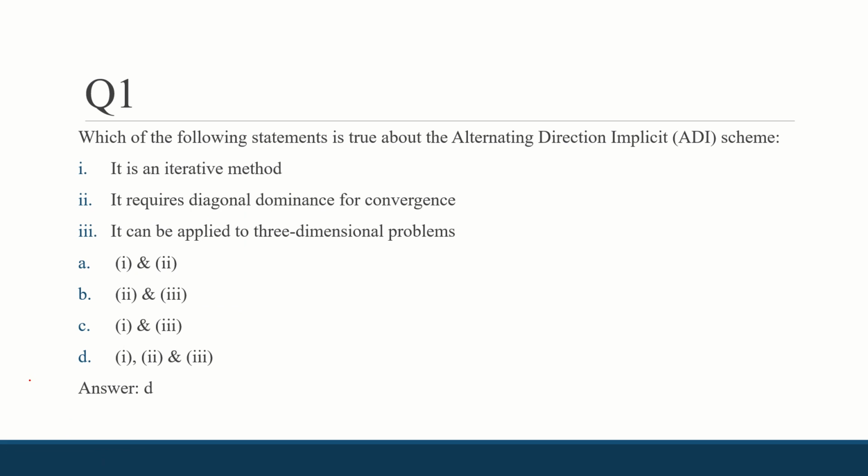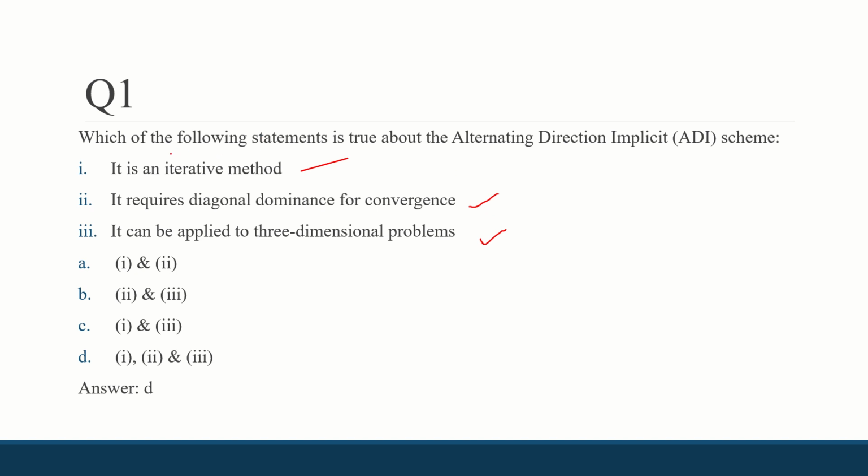So basically, when we are dealing with the alternating direction scheme, we know that it is an iterative procedure, it requires diagonal dominance, and it can be applied to three dimensions. All the three statements are correct actually. Because what we are doing is we just split the given equation into two matrix forms, so one is completely implicit and the other one we would solve directly.